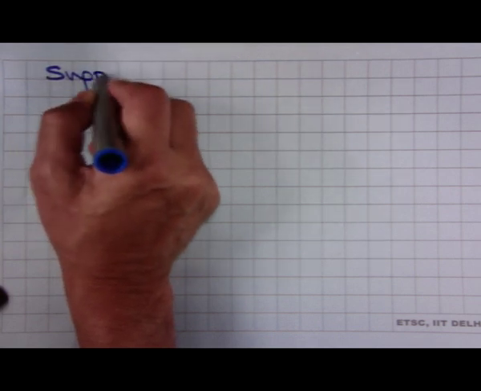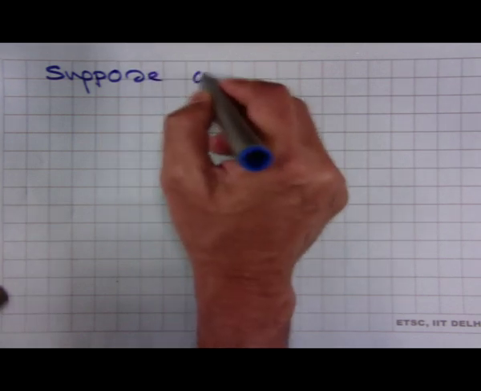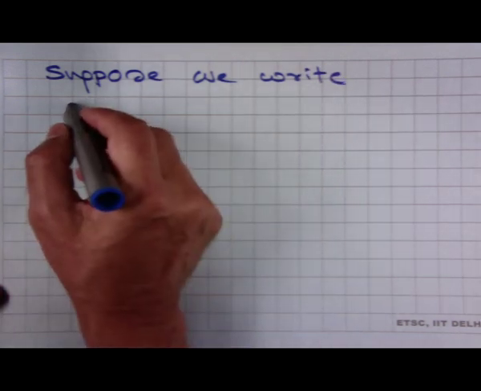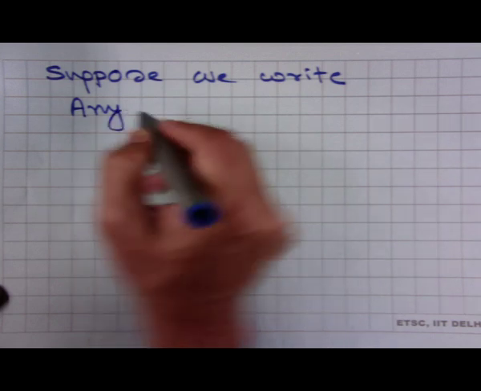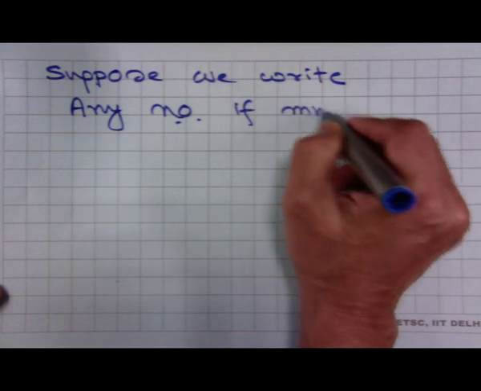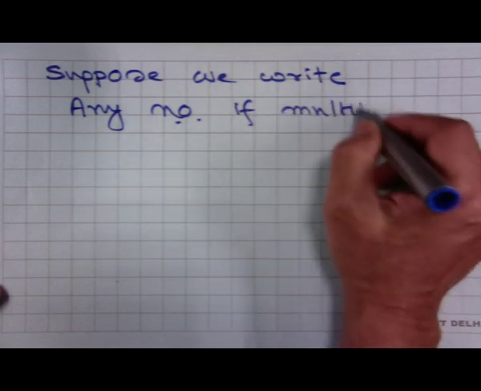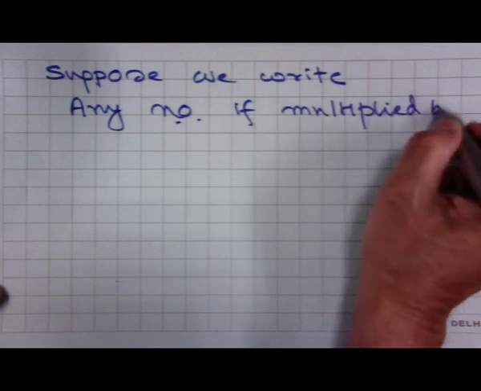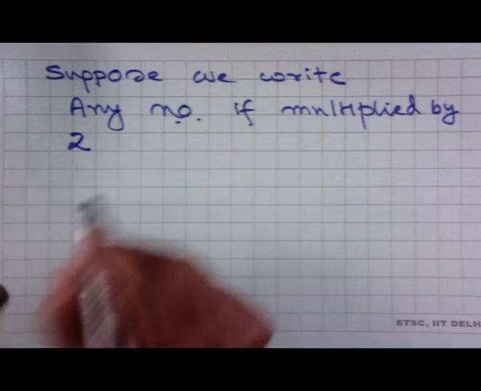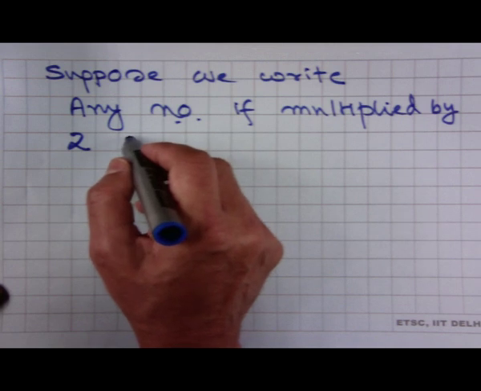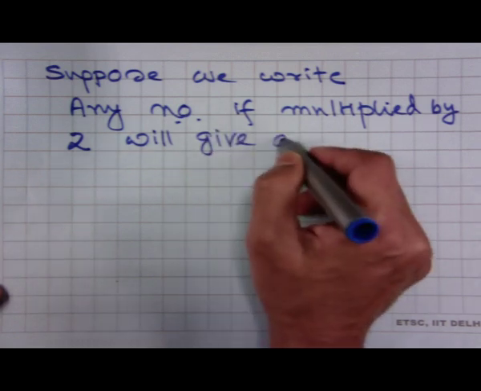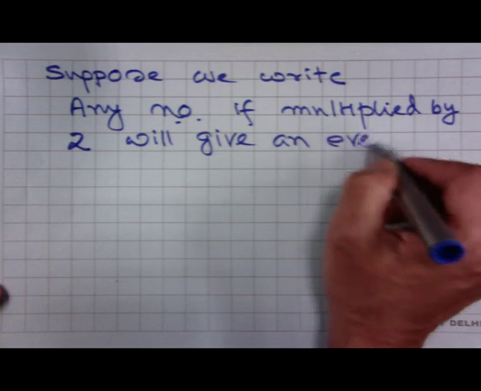Suppose it is given that any number, if multiplied by 2, will give an even number.